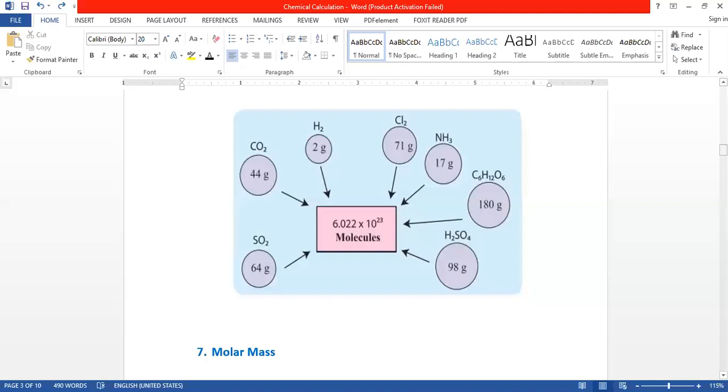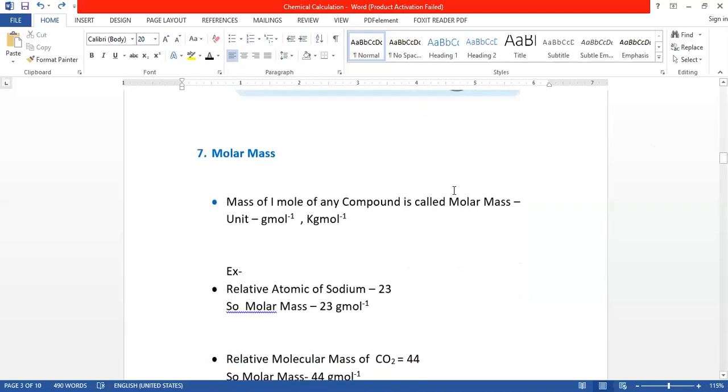So another term is molar mass now. Interesting one. The mass of 1 mole of any compound is called what? Molar mass. Look, 1 mole of any compound. How do we find the 1 mole of any compound? For example, carbon dioxide. What is the relative molecular mass? 44.